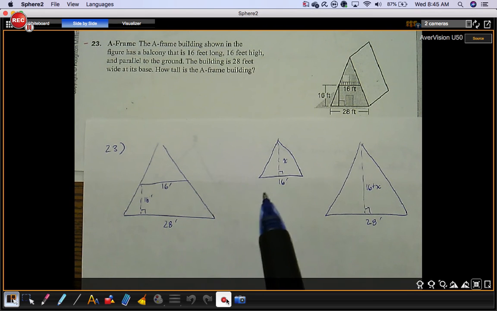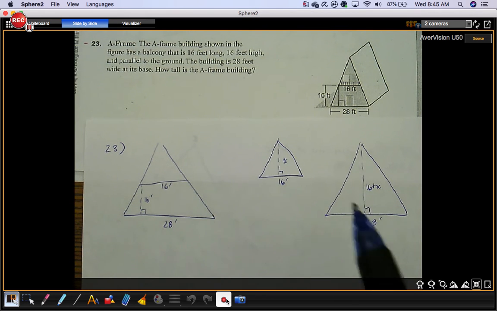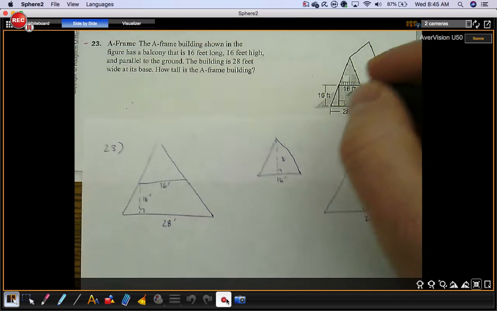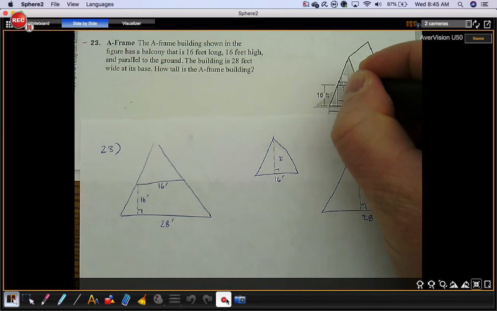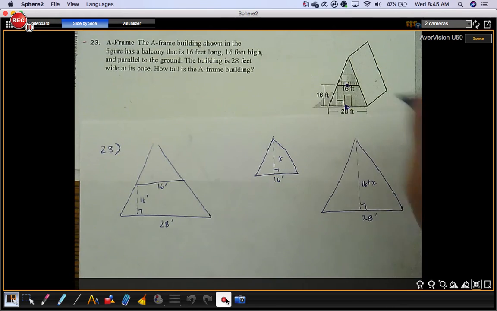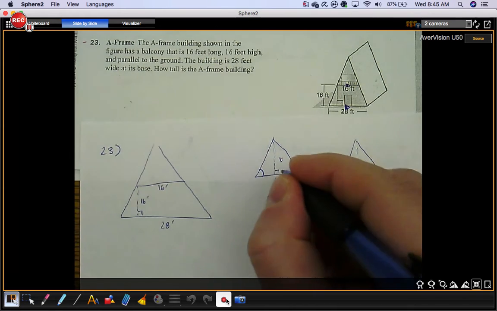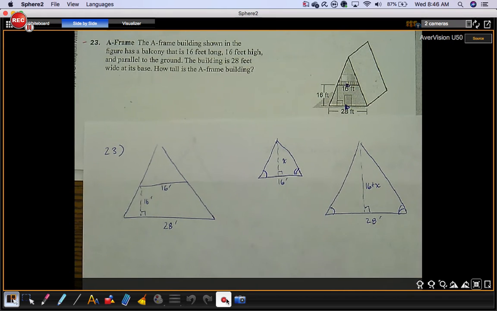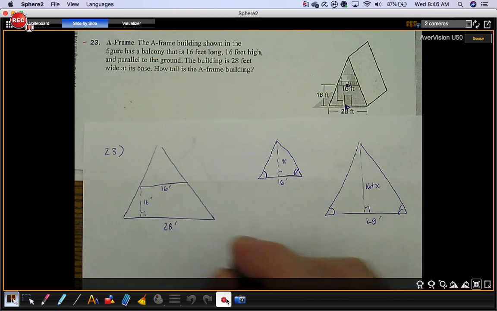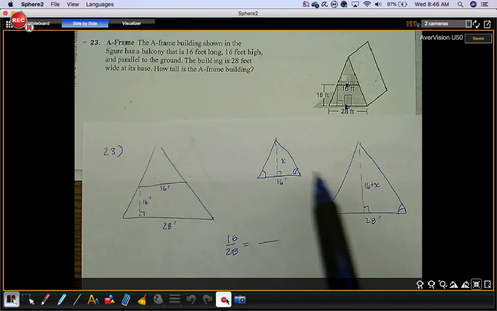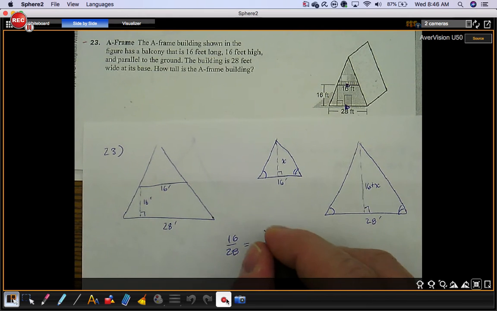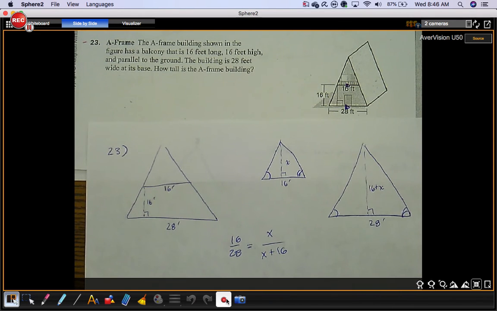Now, you could write a proportion if you knew that these triangles were similar. Remember how they said that these are parallel. Well, if those are parallel, remember that creates congruent angles here and here. So these are similar triangles. So what that means is 16 to 28 is the same thing as x to, I'll just put x plus 16 even though that says 16 plus x.